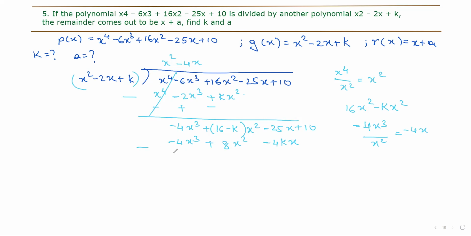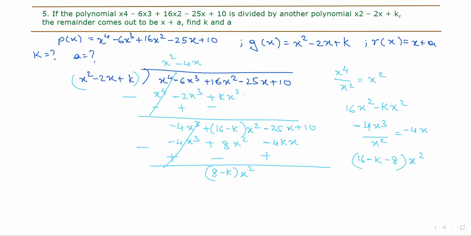Subtraction, sign change, cancellation. So now you have 16 minus k x squared minus 8x squared. Taking x squared common, this can further be reduced as 8 minus k into x squared.